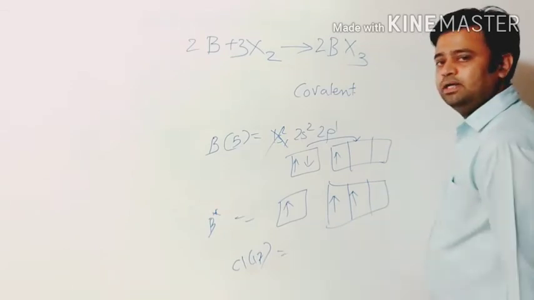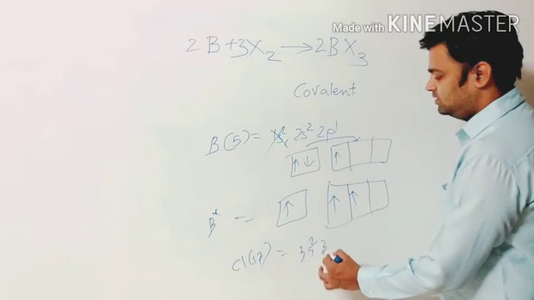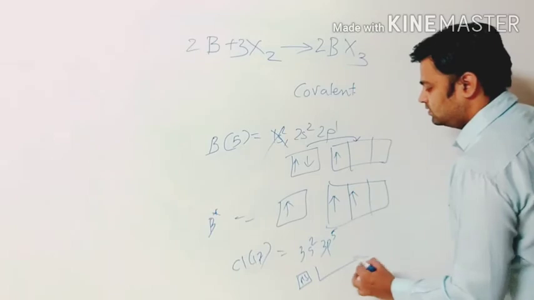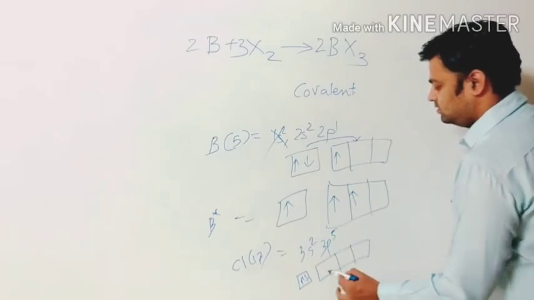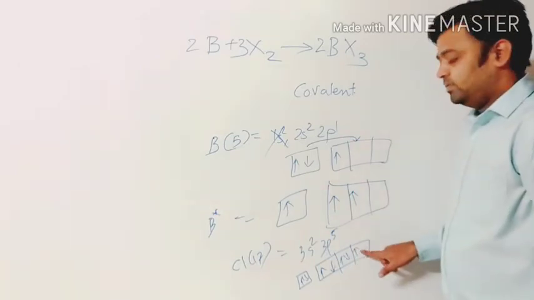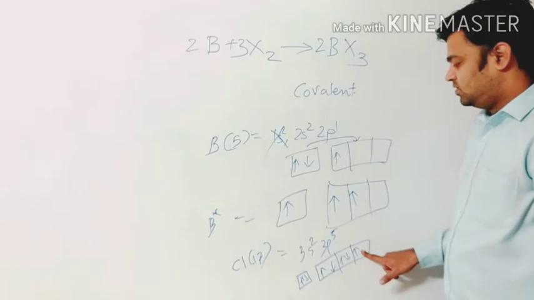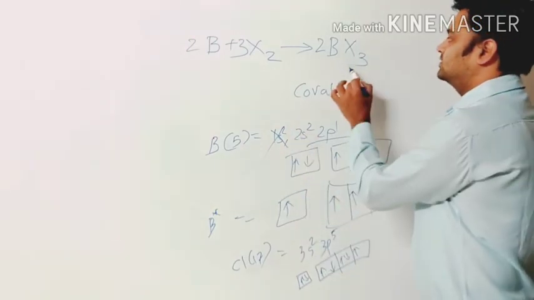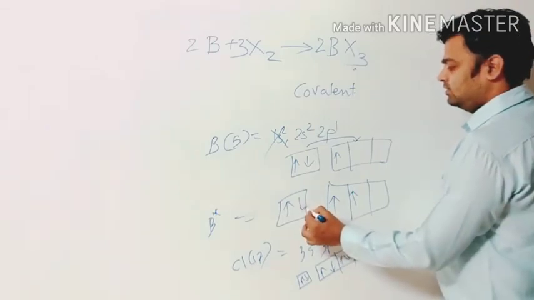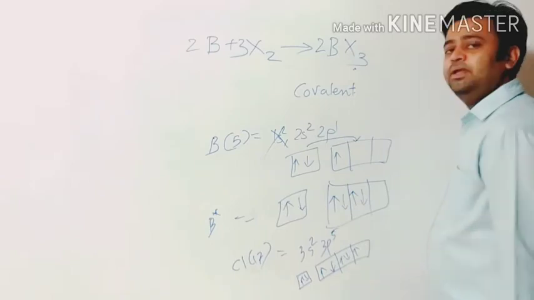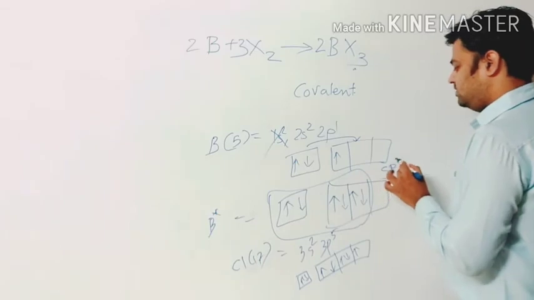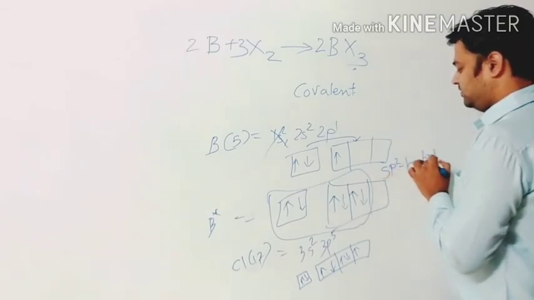We know the electronic configuration 3s2 3p5. There is one half-filled orbital, and there are 3 chlorines. Each one of them will donate an electron to the 3 half-filled orbitals. Before that, boron will form sp2 hybridized orbitals, as we are studying through valence bond theory.